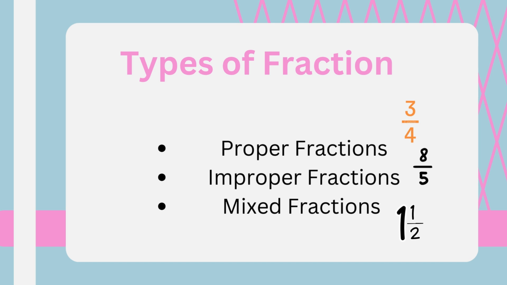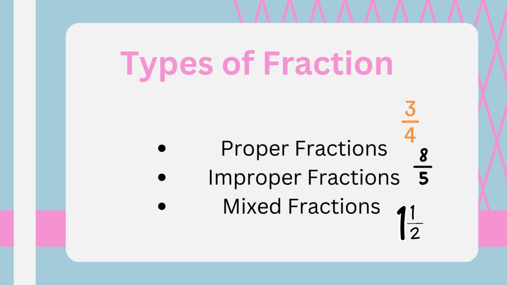A proper fraction is when the numerator is less than the denominator, while an improper fraction is when the numerator is greater than or equal to the denominator. A proper fraction doesn't mean the numerator is greater than or equal to the denominator, and an improper fraction doesn't mean the numerator is less than the denominator. No, it's the other way around.